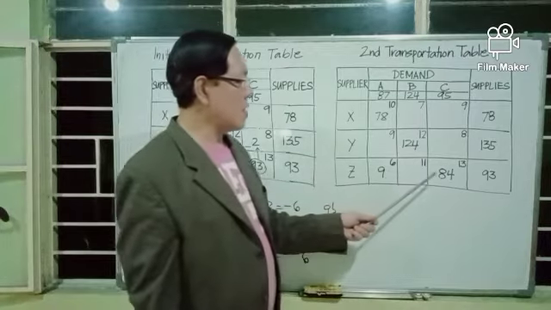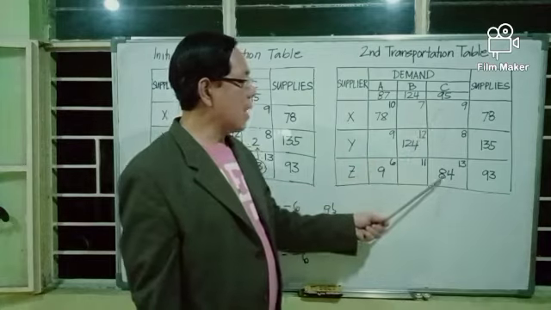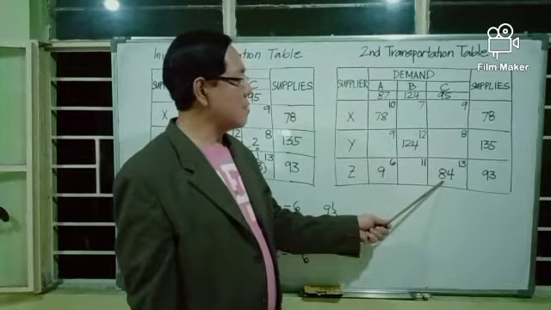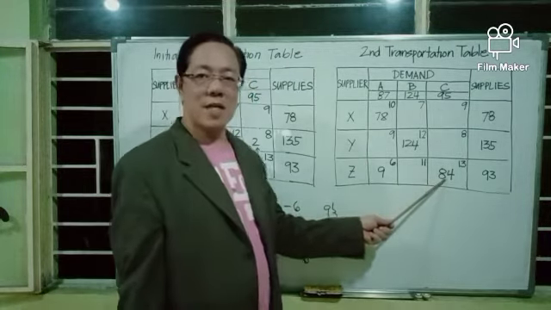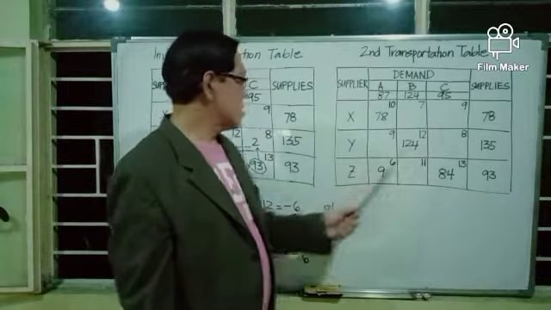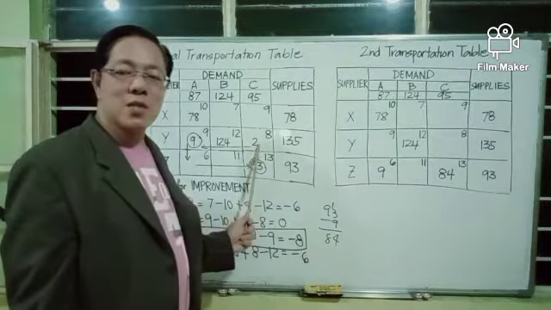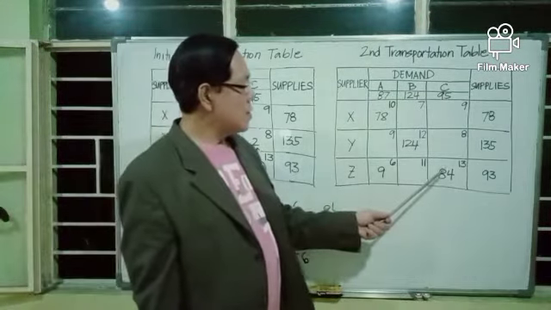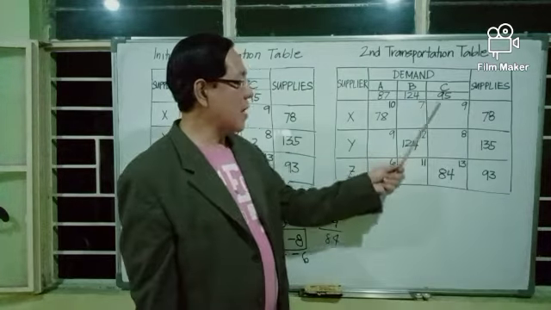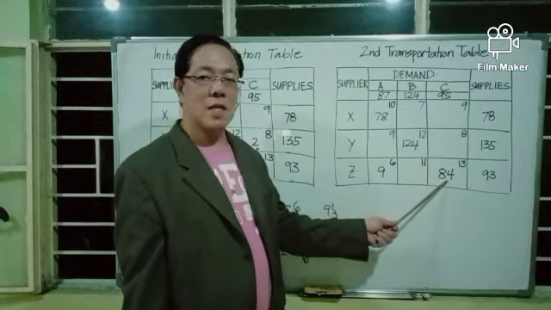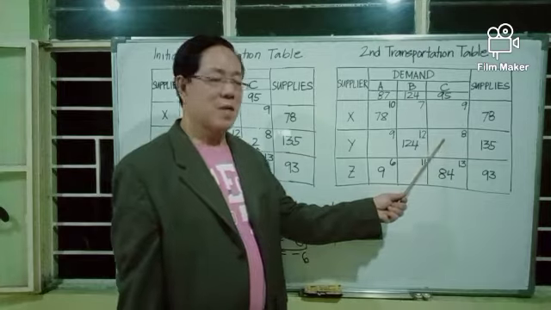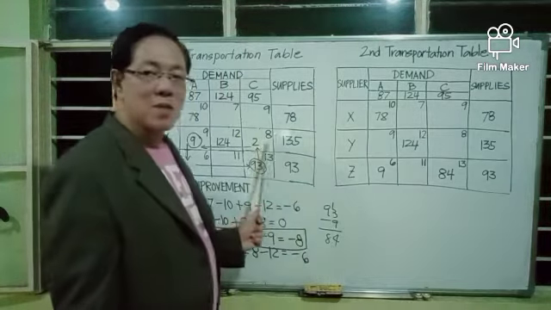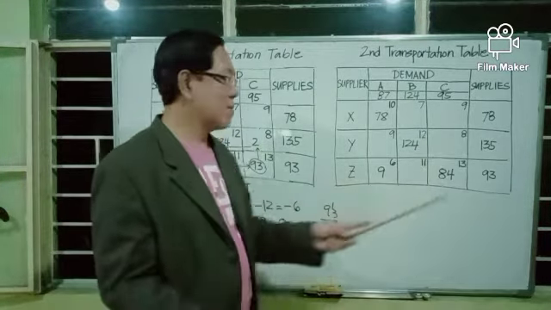That number is 95 minus 84, and that's 11. You write here 11. 2 now will be changed to 11.